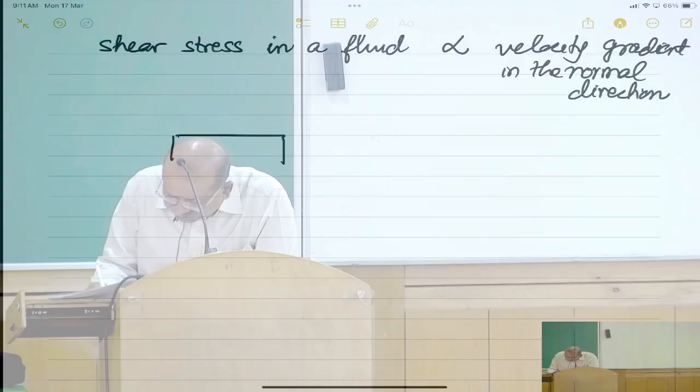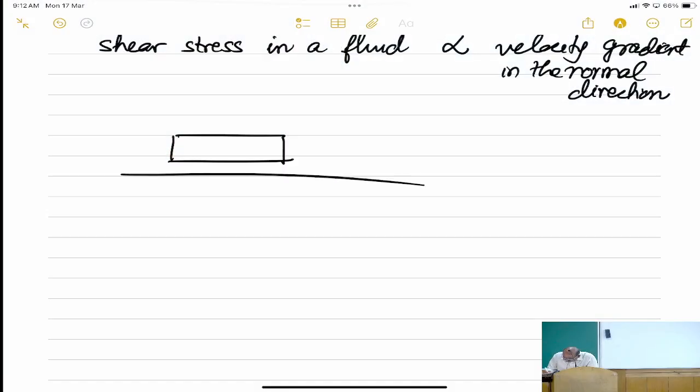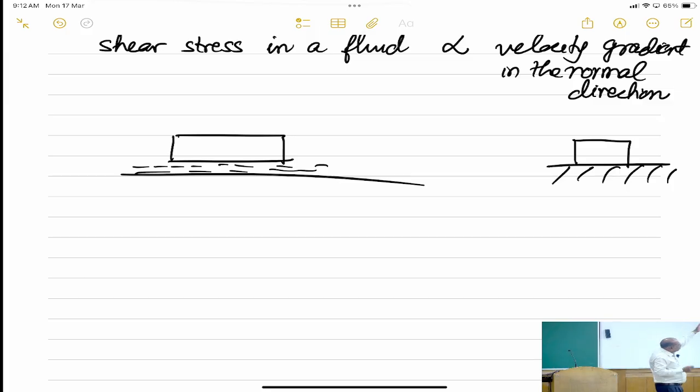And for example, let me specify it with an example. We know the law on the right hand side. I have shown a block which is kept on a surface.